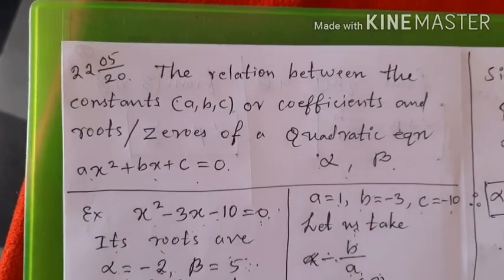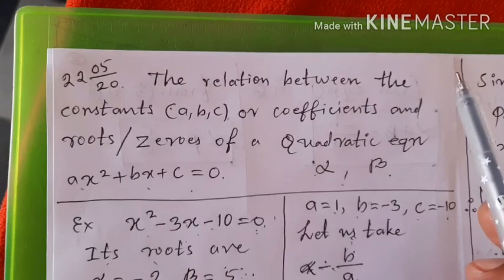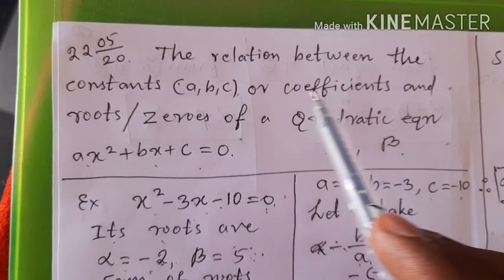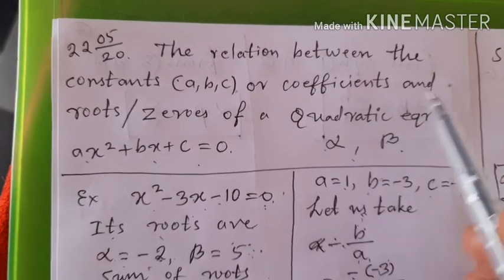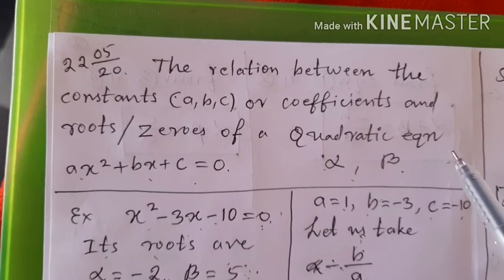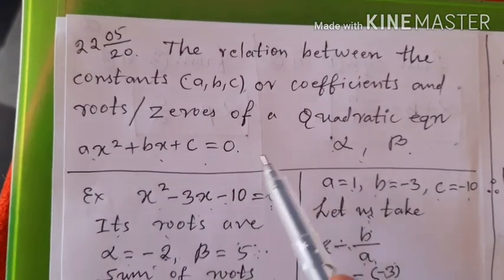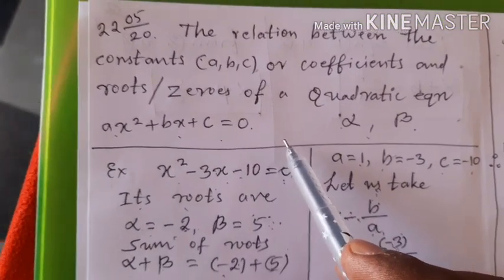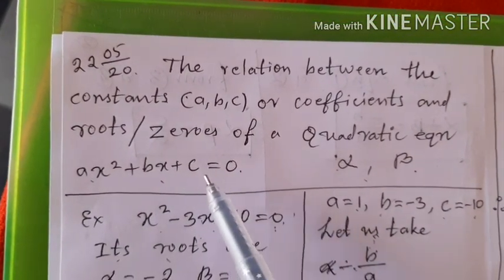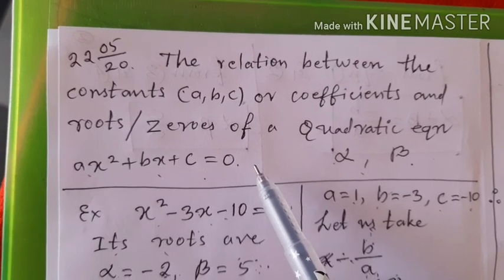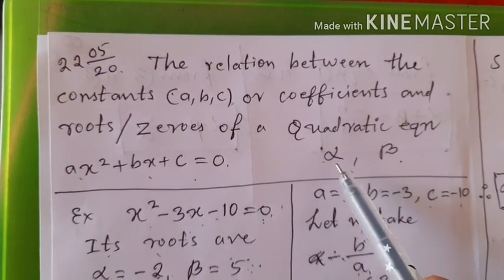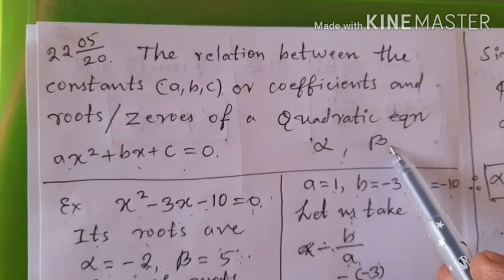Just see here the relationship between the constants a, b, c. These constants are also called coefficients, and the roots or zeros of a quadratic equation ax square plus bx plus c is equal to 0. We know that a quadratic equation of the form ax square plus bx plus c is equal to 0 will have two roots. Okay, and here we call one root as alpha and another root as beta.